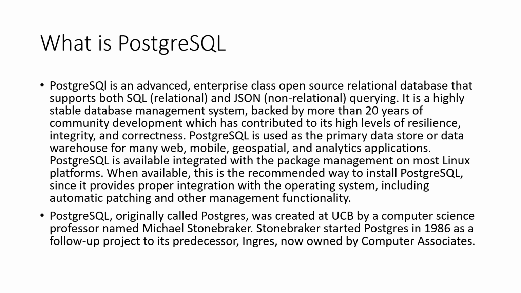And JSON, which stands for JavaScript Object Notation, is easier for software to parse and generate between servers and web applications, and this one is considered non-relational querying.